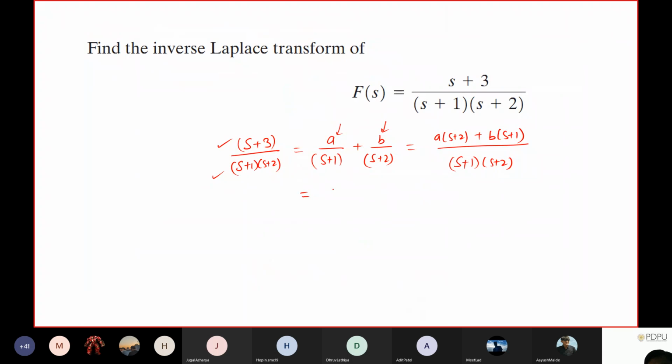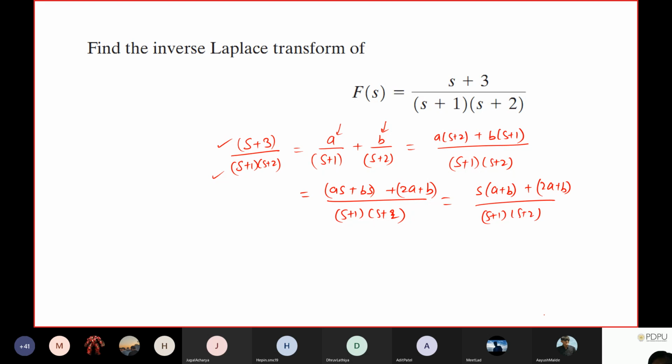So this is my as plus my bs, and plus 2a plus b, divided by s plus 1 s plus 2. Taking s common, a plus b times s plus 2a plus b, divided by s plus 1 s plus 2. Now I will equate things from left hand side to right hand side.